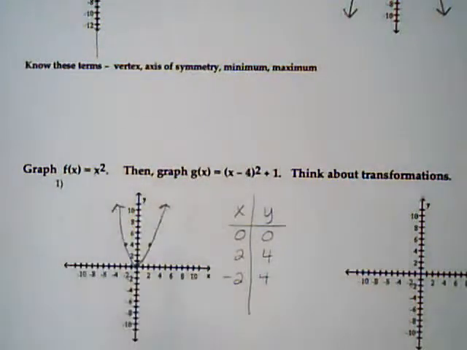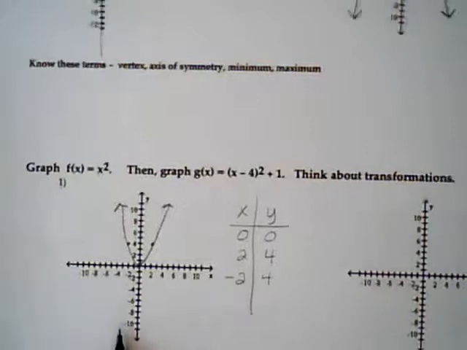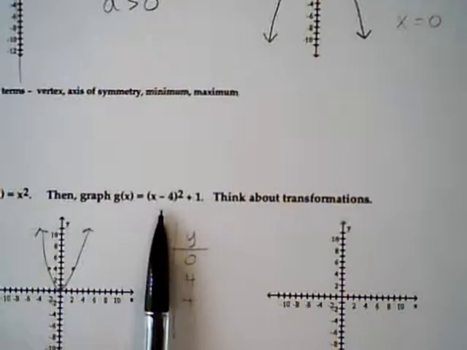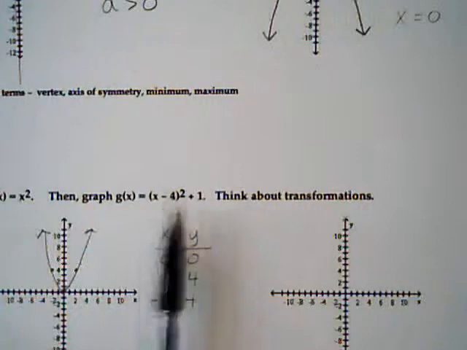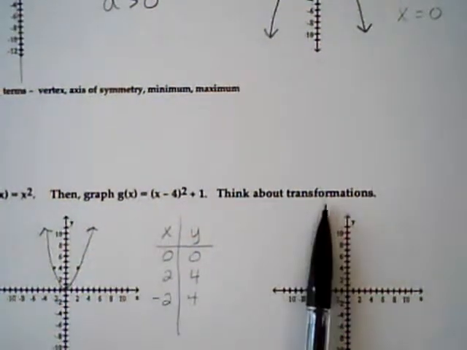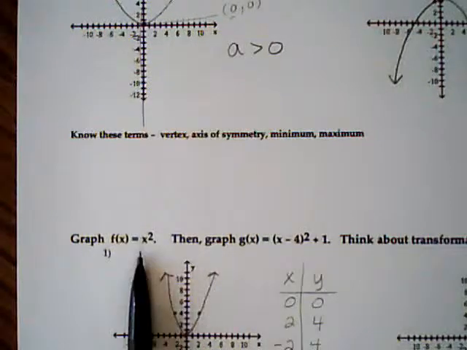So it says use this to graph g of x. And g of x is equal to x minus 4 squared plus 1. And so I want you to think about transformations. How does this equation change from the parent graph that we had? We've looked at transformations in chapter 1.